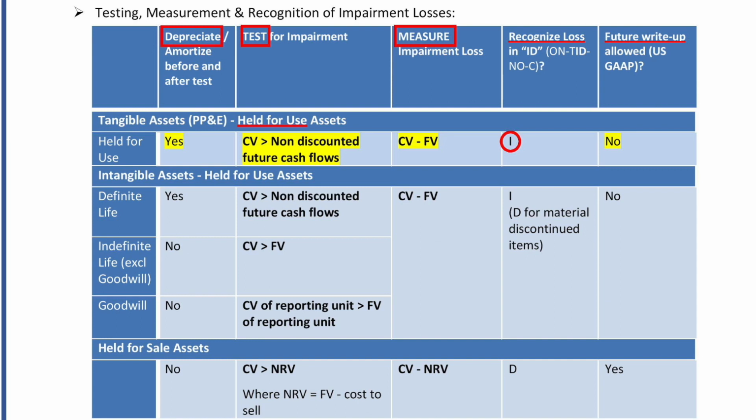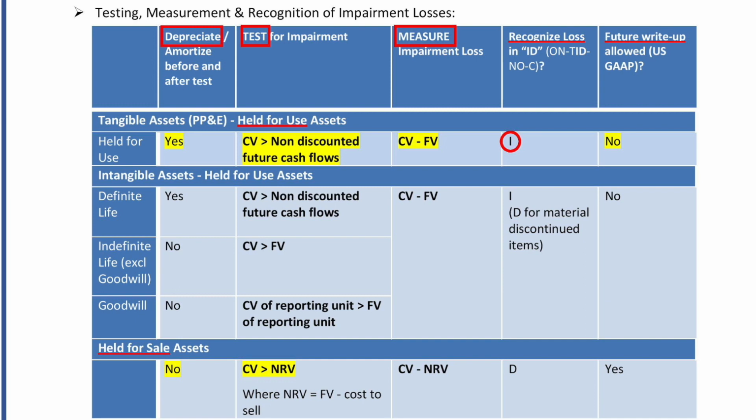Now let's look at the same pieces for underlying held for sale assets. Now, for starters, for held for sale assets, you do not depreciate. So highlight no on the depreciate column. Now, when you do the test for impairment for held for sale assets, you're comparing highlight carrying value with NRV, net realizable value, which in a sense is fair value minus cost to sell.